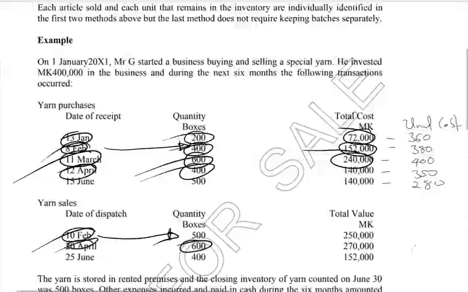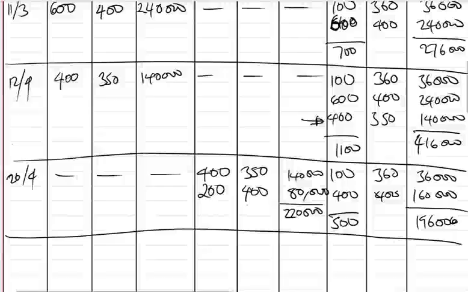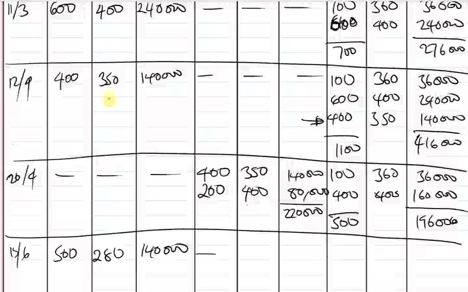Let's do another transaction. Another transaction is on 15 June. 500 boxes were bought at 140,000. That means per unit will be 140,000 divided by 500, which is 280. There's no issue on the same date.